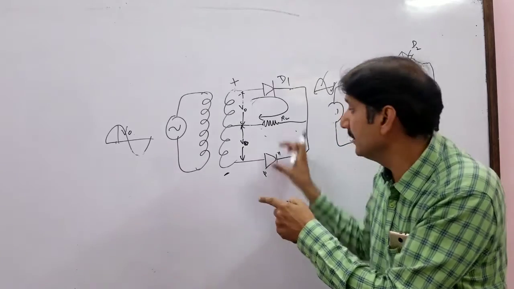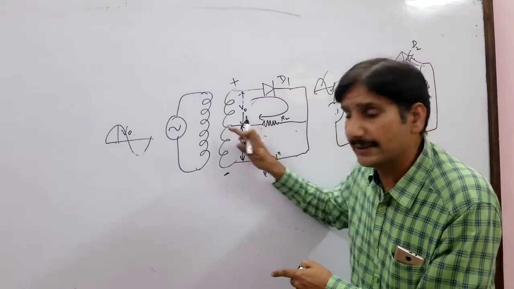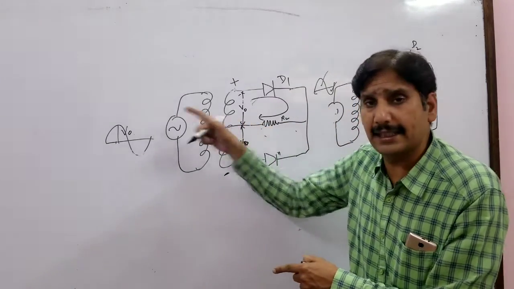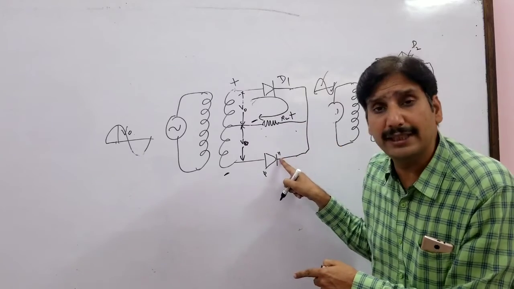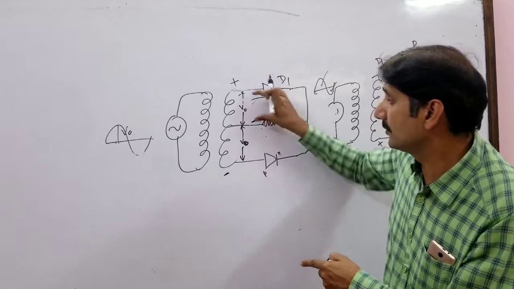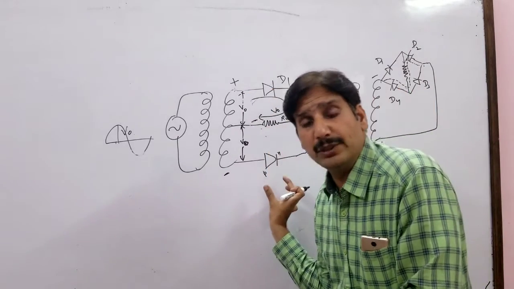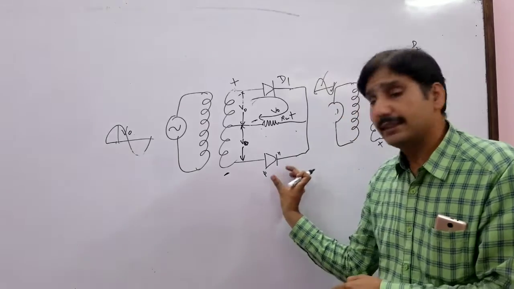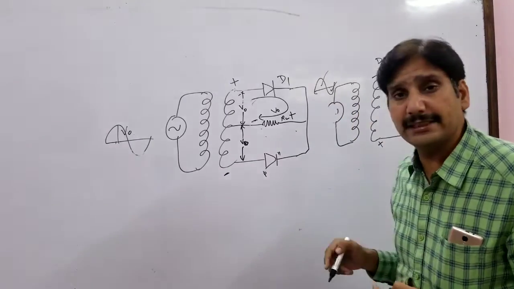But at the same time, the upper V0 voltage is also being dropped across this load resistance. Since current is flowing in this direction, this end is positive, this end is negative. This positive is available to the N side of the PN junction. This V0 voltage, which was available over here, got dropped across the load resistance, and that voltage is also reverse biasing this PN junction. So how much voltage is reverse biasing this PN junction?